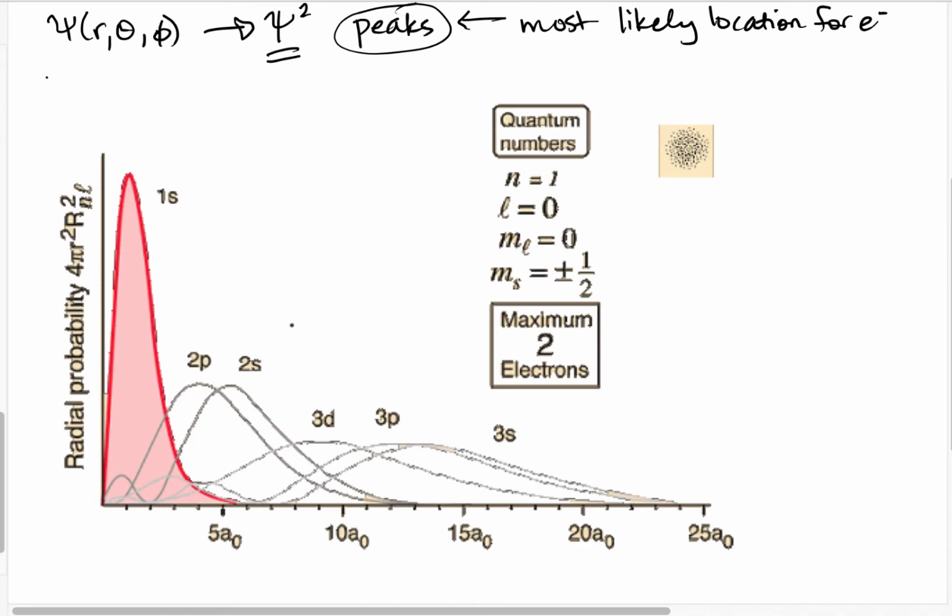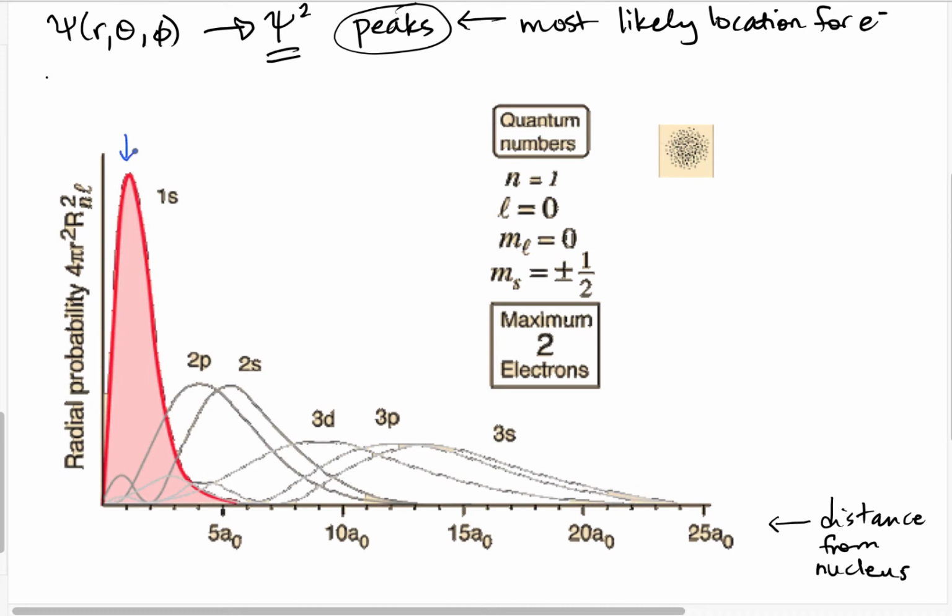All right, so this is the probability function just in 2 dimensions, and we have the 1s orbital highlighted on this particular graph. So what I want you to notice here is that this x-axis is the distance from the origin, or from the nucleus. And this is specifically for hydrogen, but we can model it for all atoms just fine.